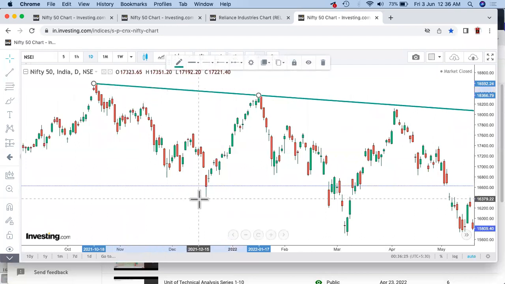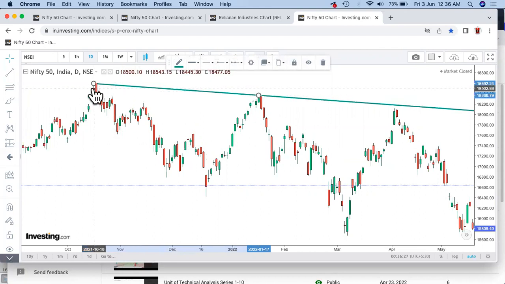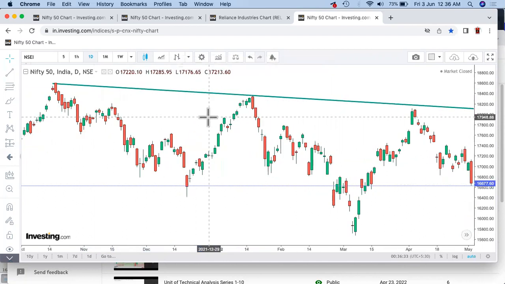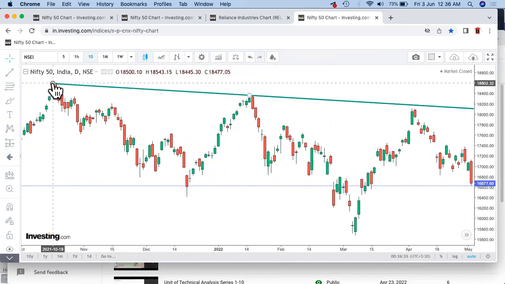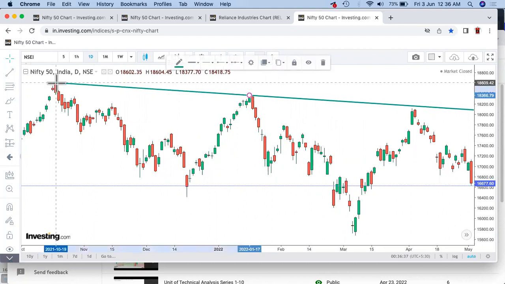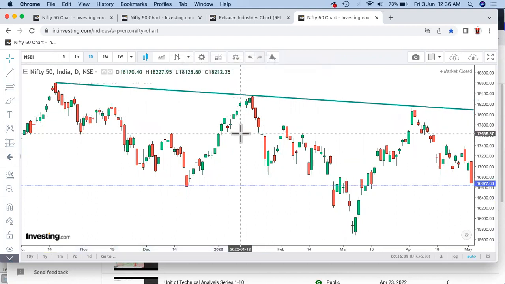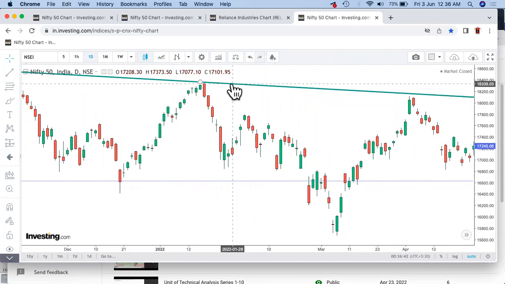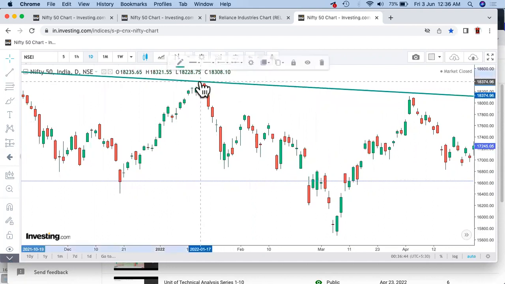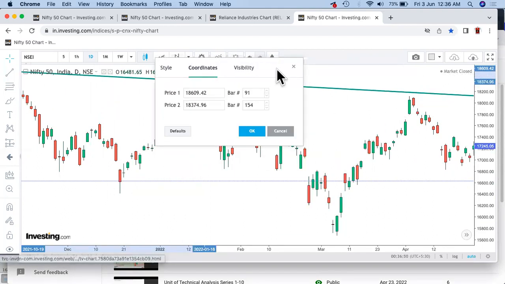We are not considering the low, but only the highs. So what we see is if I consider this high and the lower high after that, let's say here it is at this point. If you want, you can get into the details. Let's say I'll just show you over here.